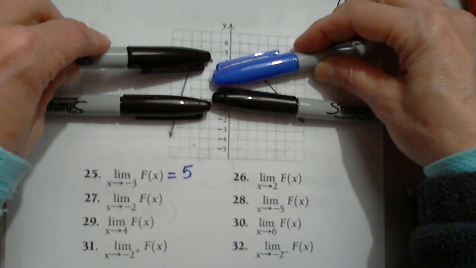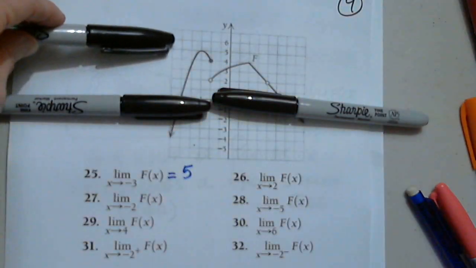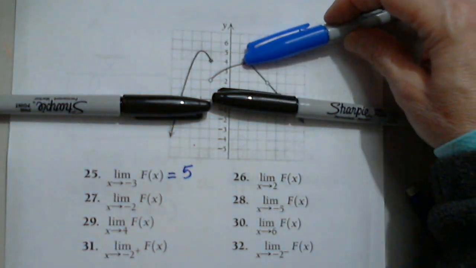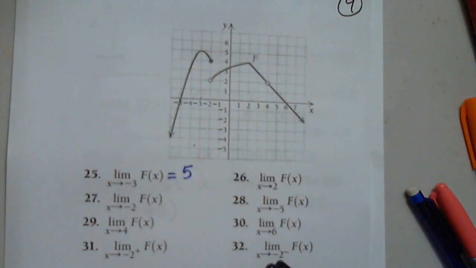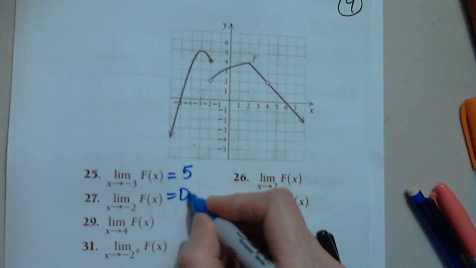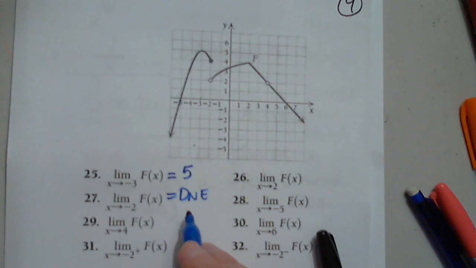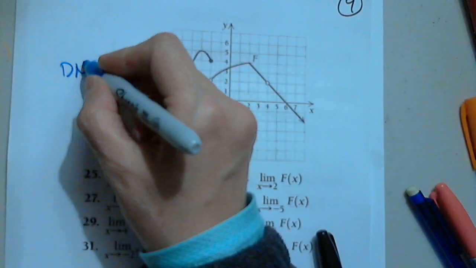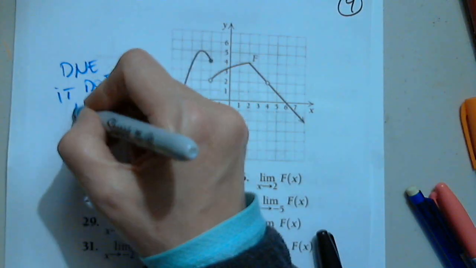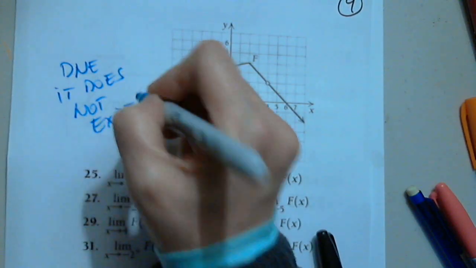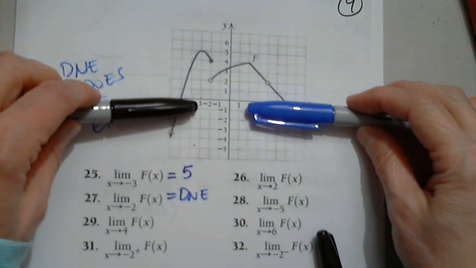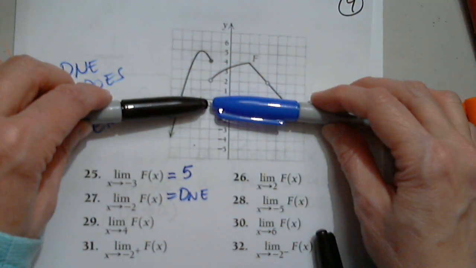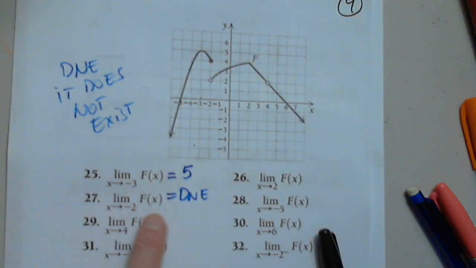You can't say anything, because from this side it approaches 4, and from this side it approaches 2. For that reason, we are going to write DNE, meaning it does not exist. So when x approaches -2 from either side, I do not have a limit for this function. I cannot establish the tendency of f of x. Because I cannot establish it, I will write DNE.